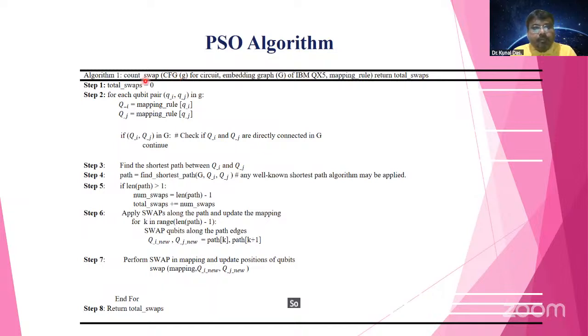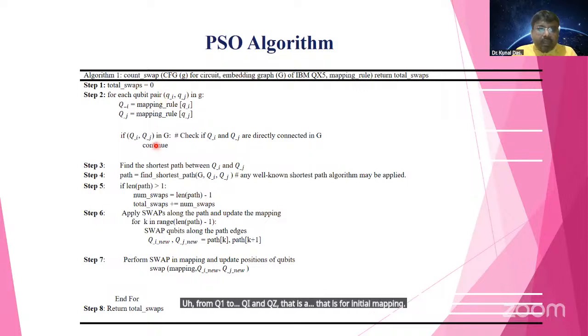So total swap is initialized to 0, and you have a pair of mappings from Q1 to Qi and Qj. That is for the initial mapping. If the initial mapping is directly connected, then continue, no problem. Otherwise, we need to find the shortest path between Qi and Qj, and check whether Qi and Qj are appropriately mapped to i and j or not.